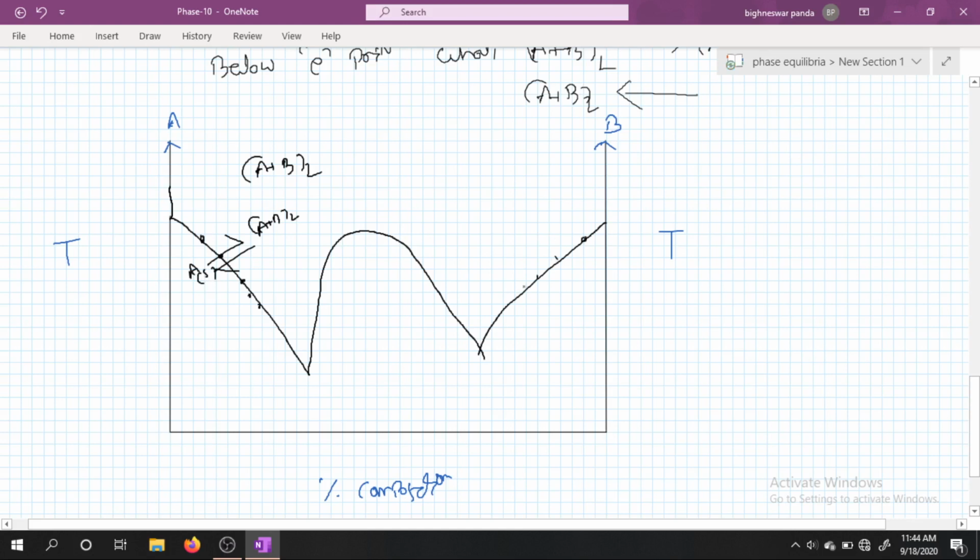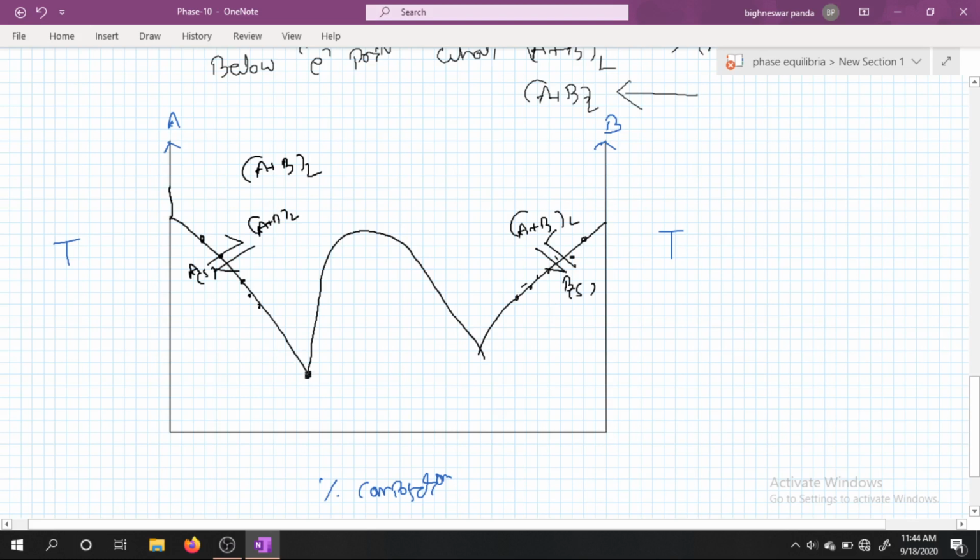Any point on this curve represents equilibrium between A plus B liquid and B solid.